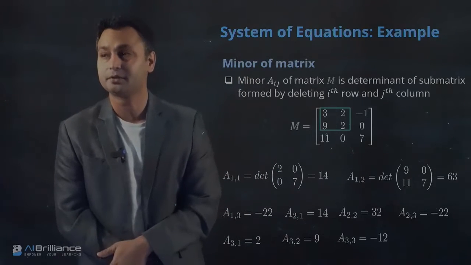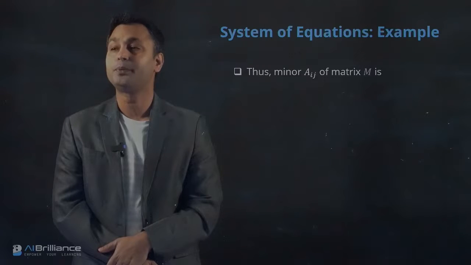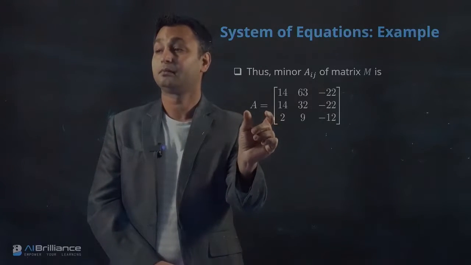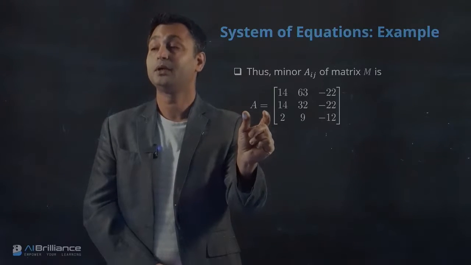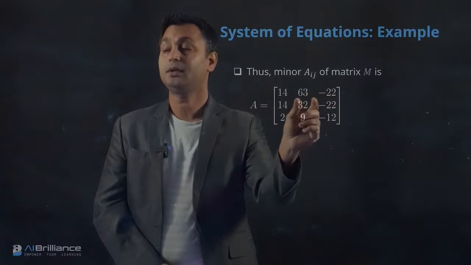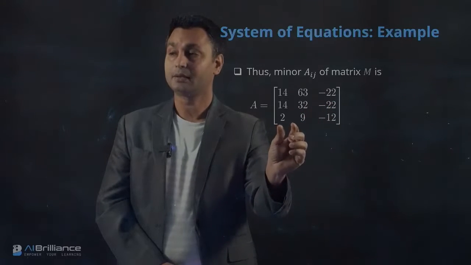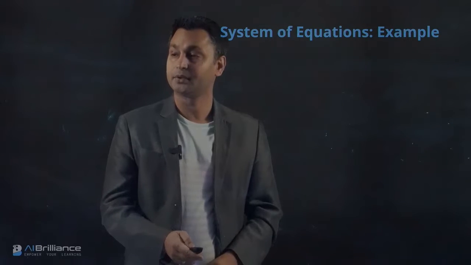Once we have computed the minors of the matrix, we determine a matrix. Let's call that matrix A, where we are listing A11, A12, A13, A21, A22, A23, A31, A32, A33, which are the minor computations that we got from here.